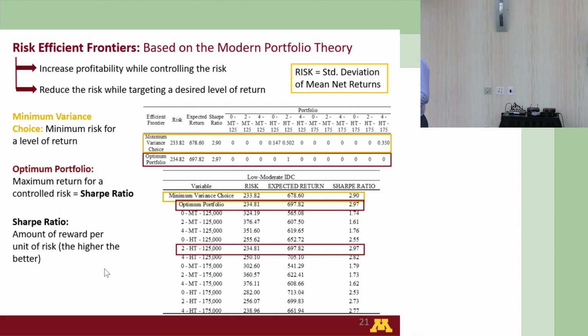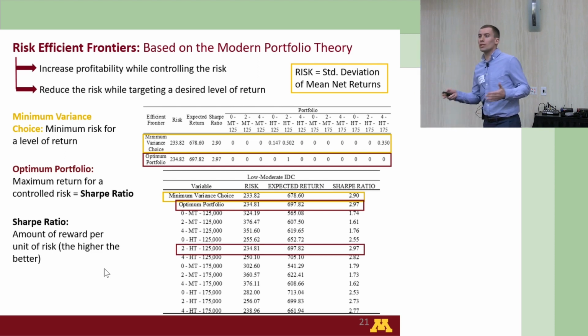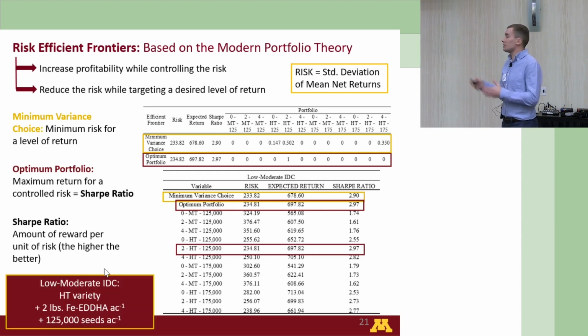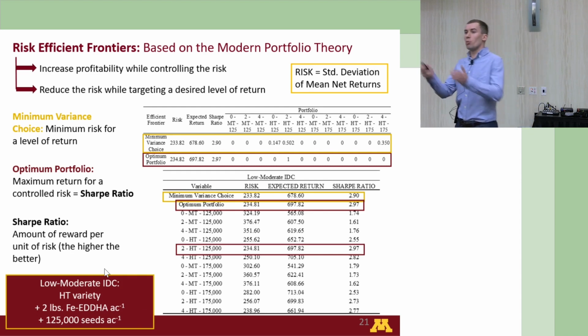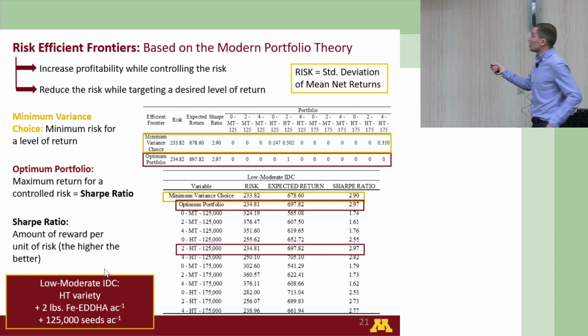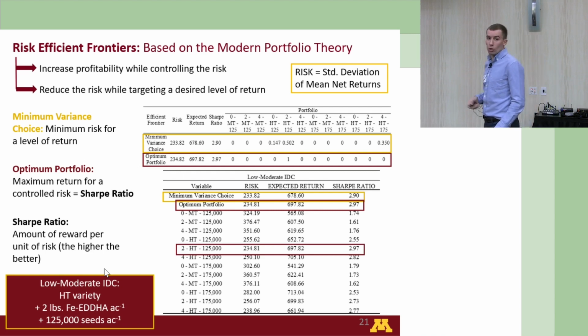But we do understand that it may not be practical from a farmer standpoint to make use of a portfolio of management strategies, or it may not even be possible due to variable rate equipment. So we also tried to determine what was the best single option for each of these IDC conditions. And we got to the conclusion that the best single option, both in terms of reward and risk for low to moderate IDC conditions, was the combination of a highly tolerant variety with 2 pounds of iron chelate per acre and planted at a lower seeding rate.